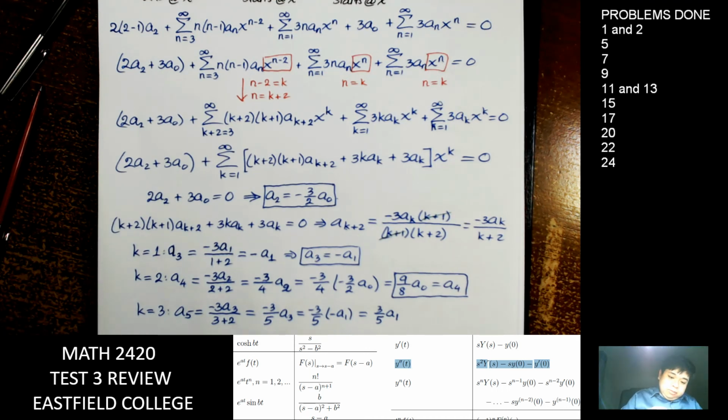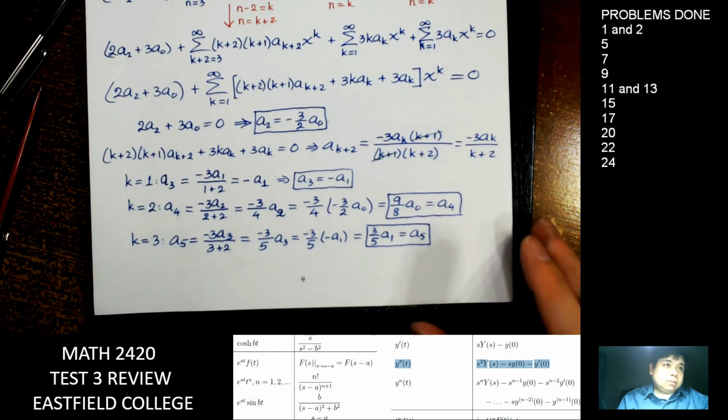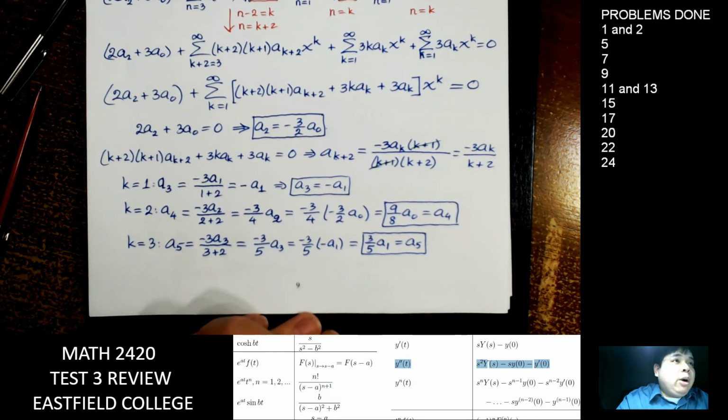So look right, and this is a5. Right. Now we write the answer.